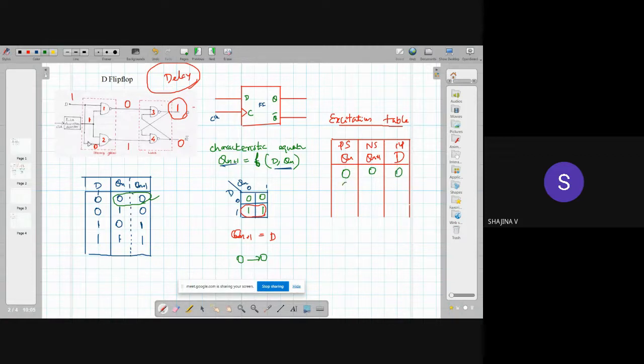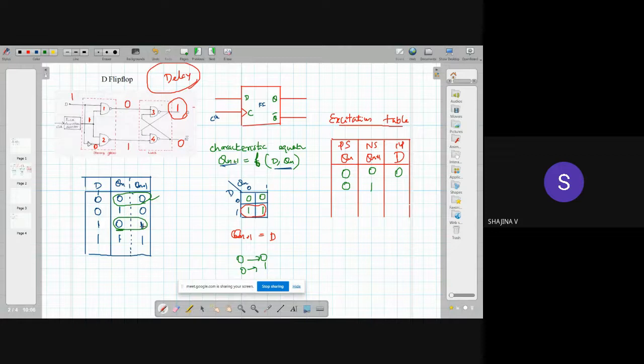Now next case, if the present state is 0, I want a next state equal to 1. Okay, so for 0 to 1 transition, if our present condition of flip-flop equal to 0, next state I require 1, then what should be the input applied? So present state is 0, that is Qn equal to 0, and I need a Qn plus 1 equal to 1. That is 0 to 1 transition.